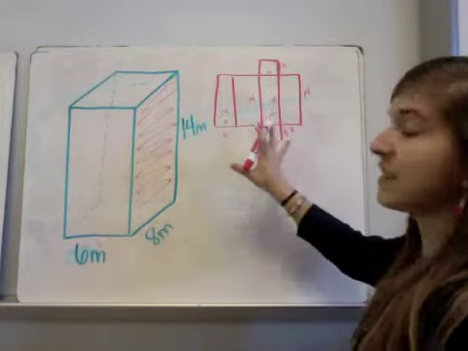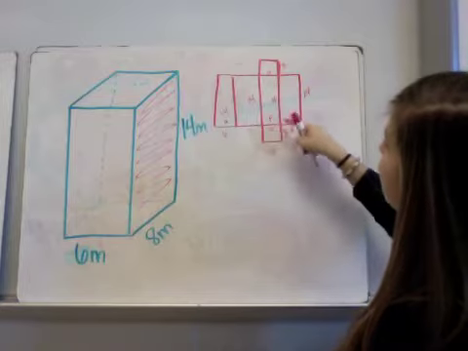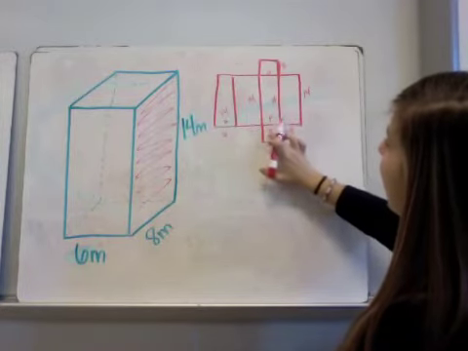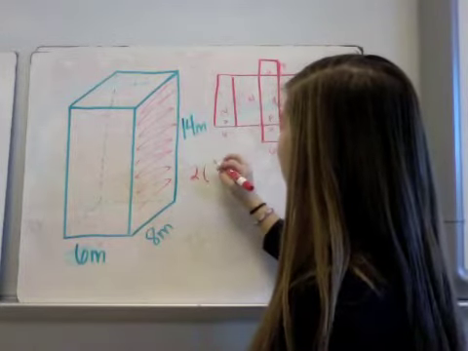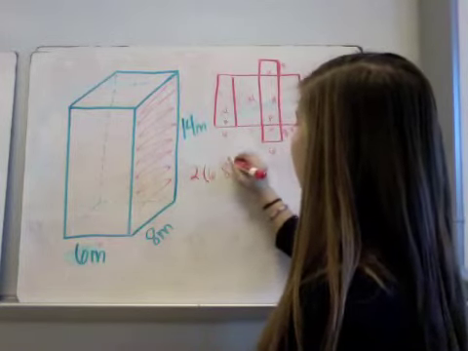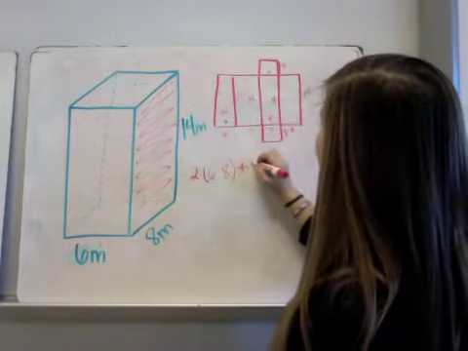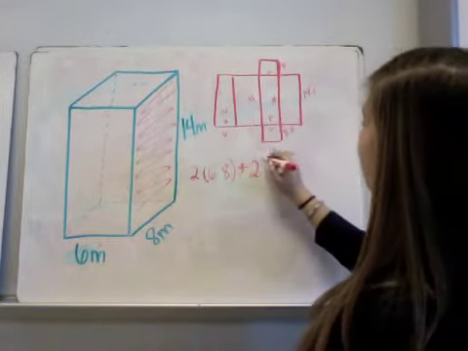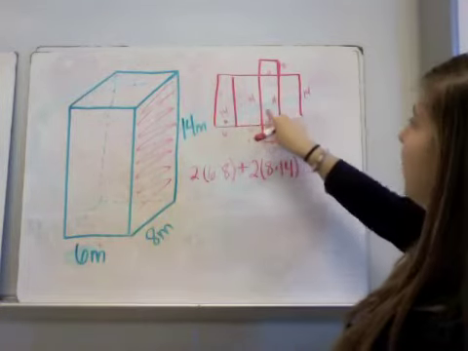So surface area is the area of all the surfaces, but I can say, hey, some of these surfaces are the same. Like this is a 6 by 8, this is a 6 by 8, so I'm going to do 2 times 6 by 8 to make it a little bit easier for me. And then next we'll do 2 times 8 by 14 because we have 2 of them.